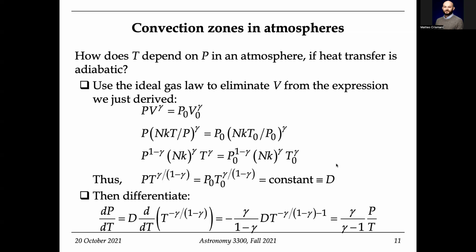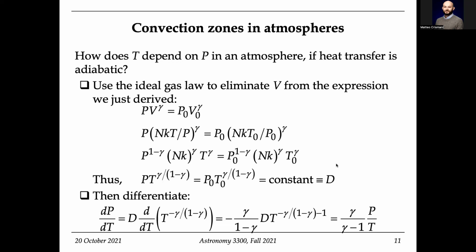This comes out, the dP/dt. Imagine that was like x, e to the x. The x comes down, and then you get x minus 1, and this becomes gamma minus 1. And then you get this. If you rearrange that, you see that it is P over T. So this is telling us how the pressure is changing with temperature. Okay.